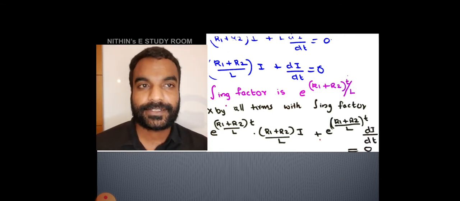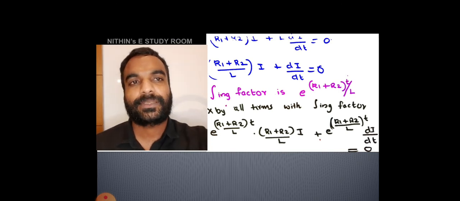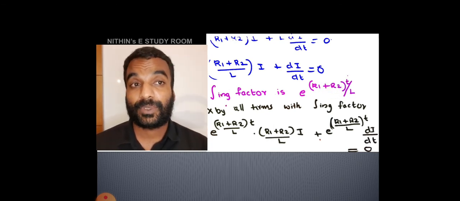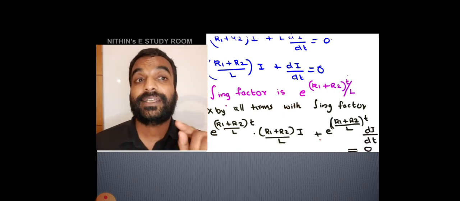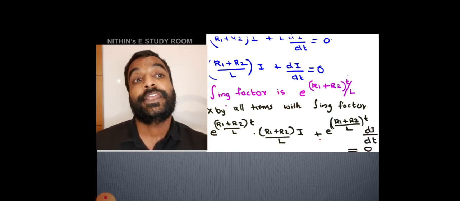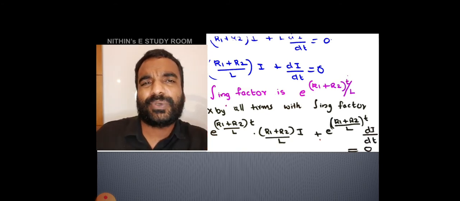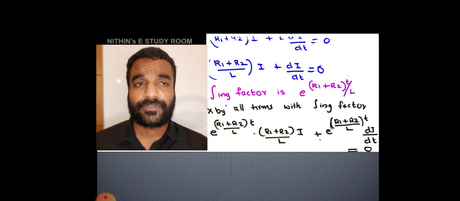So the integrating factor is equal to e raised to R1 plus R2 by L, because you are substituting this coefficient as an exponent, not as a total term. You have to substitute that coefficient as an exponent. So e raised to R1 plus R2 by L into t. You are making it in the common form of e raised to at, where a is equal to R1 plus R2 by L, that we obtained from the differential equation.